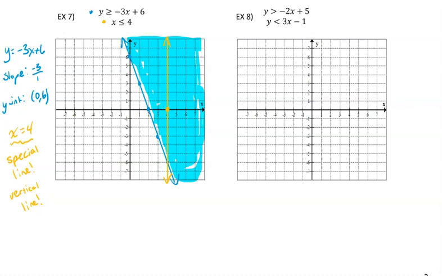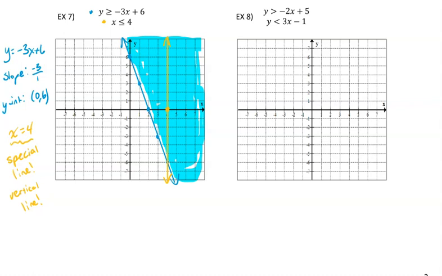And then it wants everything below 4, right? Because usually less than or equal to means below. Well, these vertical lines are the one time that actually breaks down, because we can't have above or below a vertical line.